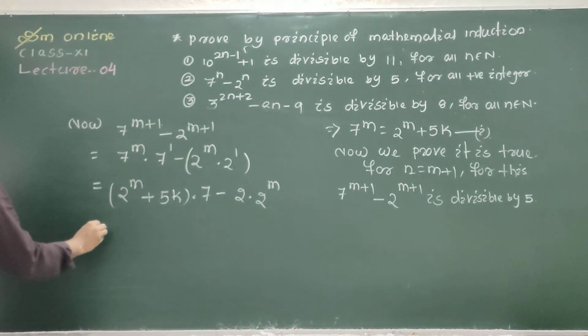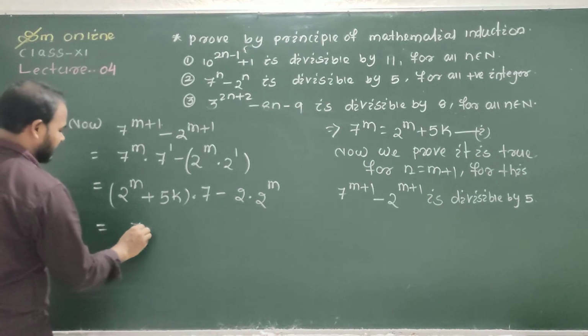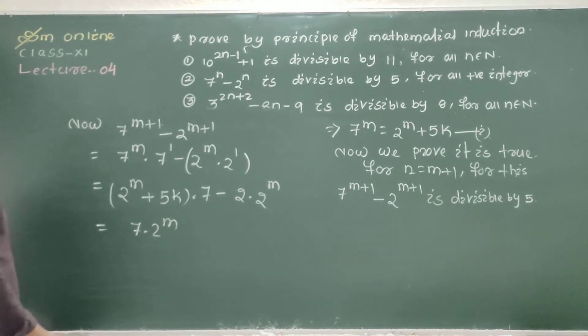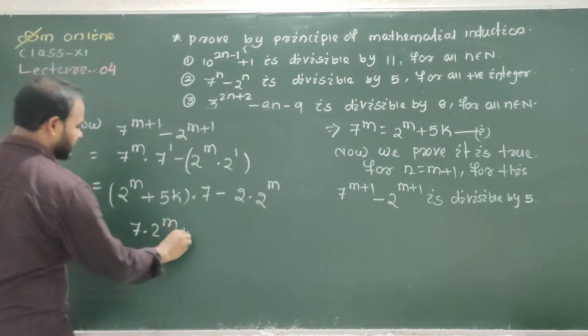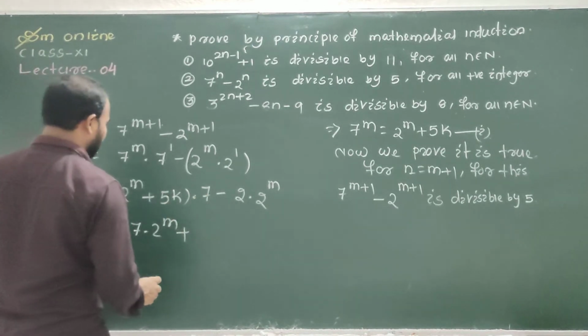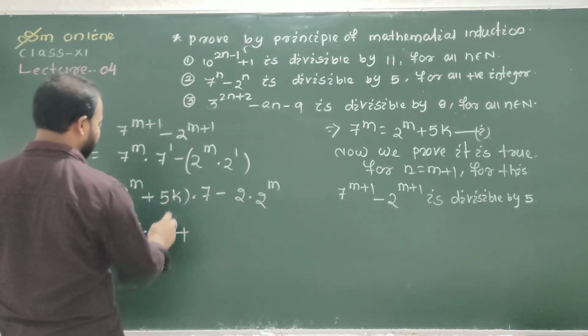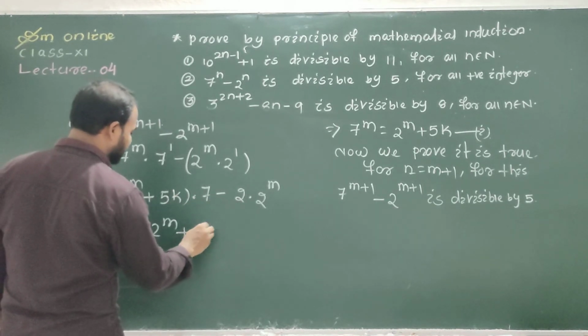Now it is equal to 7 into 2 to the power m, plus 7 fives, this is 35k.